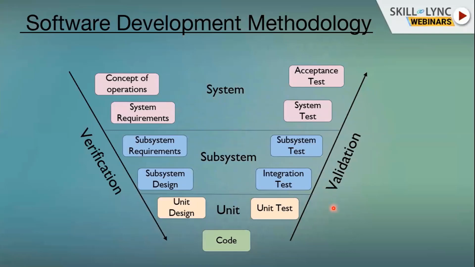The system requirement could be the autopilot, but you have to break it down into what you would need to be able to design it. The subsystem requirements could be the aircraft, sensors, and actuators. And when you have subsystems, you have units within the subsystems, and you have to have requirements for them.